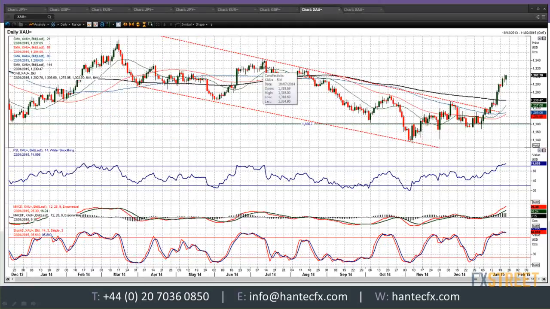And if we can break out above 1345, which is the July 2014 high, then the way is clearly open towards 1392, which is the March high. But certainly I think that is just another confirmation of this big turnaround that we've seen in gold.